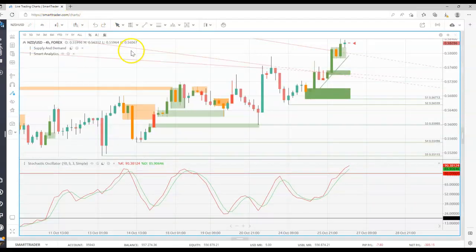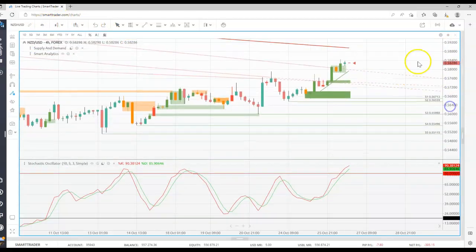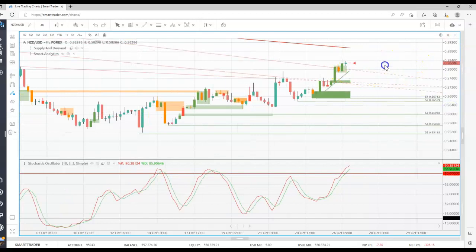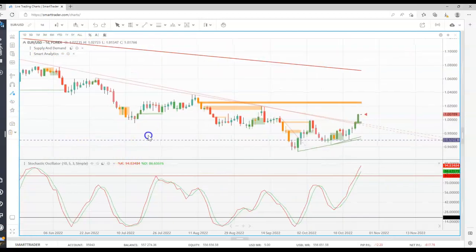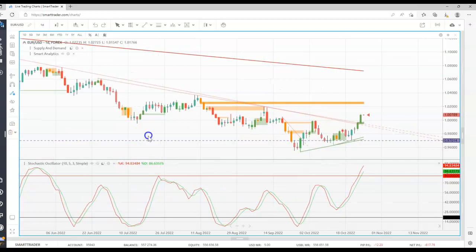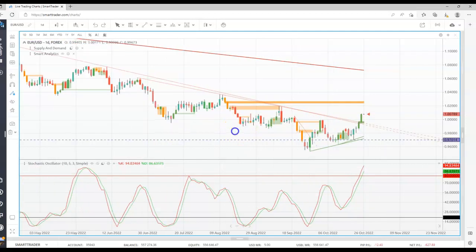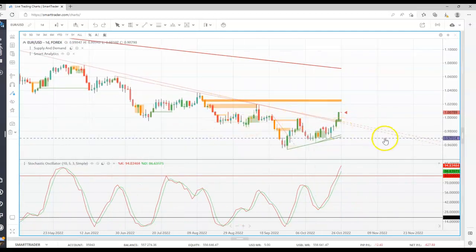So euro, the New Zealand dollar has broken a trend line, should continue to rally for the rest of the week. Okay. So right now, the Euro USD, the Pound USD, Aussie USD, New Zealand are all in an uptrend, and they are confirmed by trend lines.